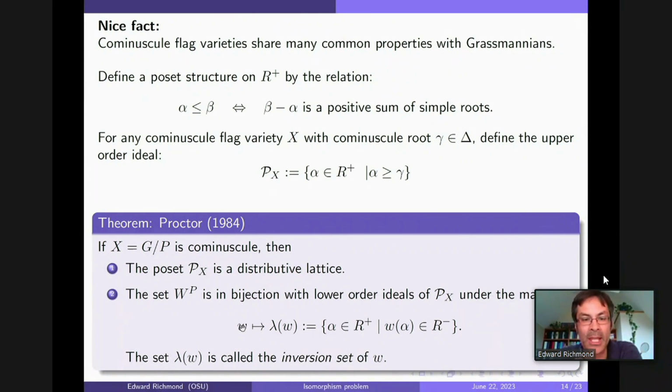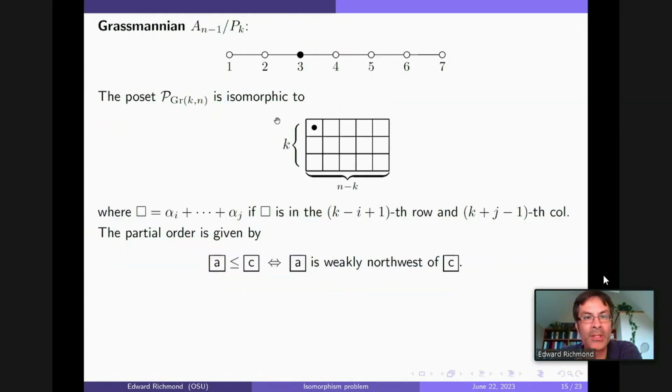And the map is you take your minimal length coset representative and you send it to its inversion set. So the inversion set is basically all positive roots for which, when you act by w, it becomes a negative root, like this. And distributive lattices are very nice. So here's an example. This is this classic Grassmannian.